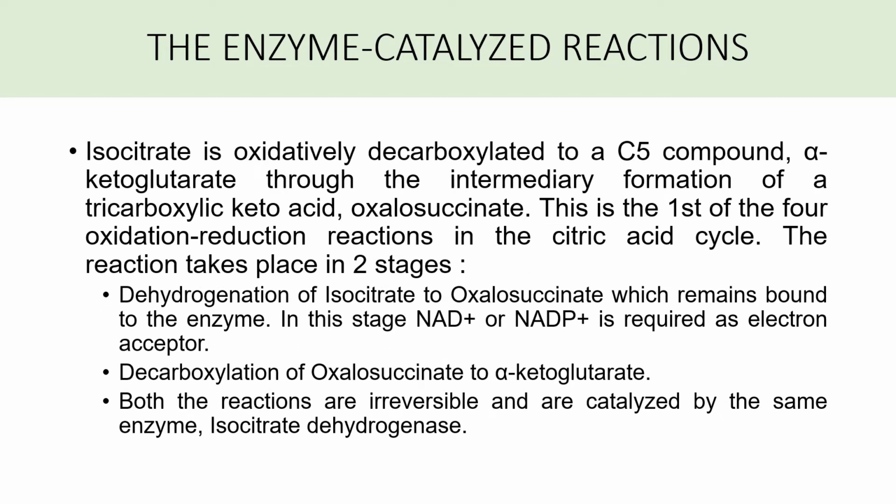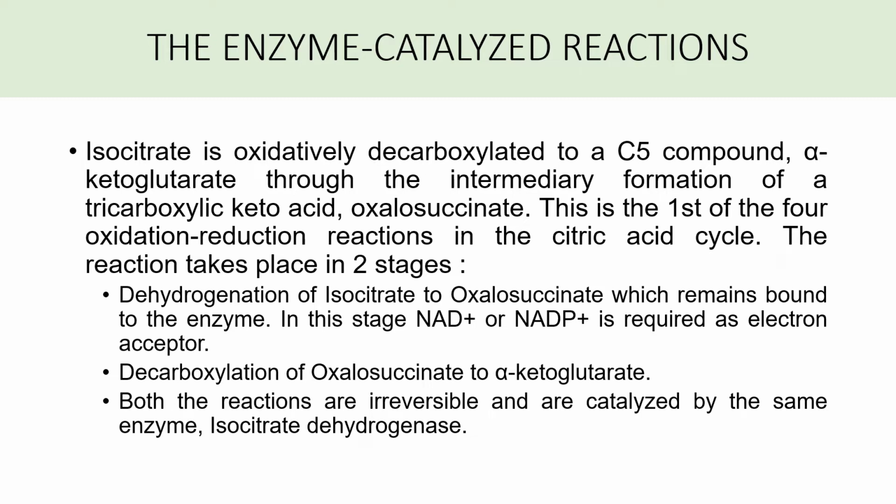Then isocitrate is oxidatively decarboxylated to a 5-carbon compound, alpha ketoglutarate, through the intermediary formation of the tricarboxylic keto acid, oxalosuccinate. This is the first of the 4 oxidation-reduction reactions in the TCA cycle.